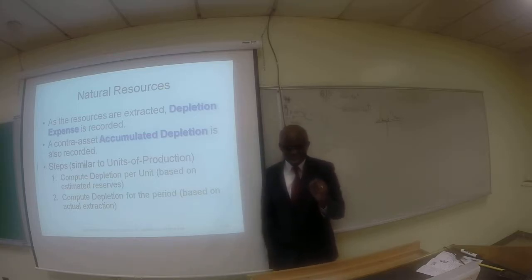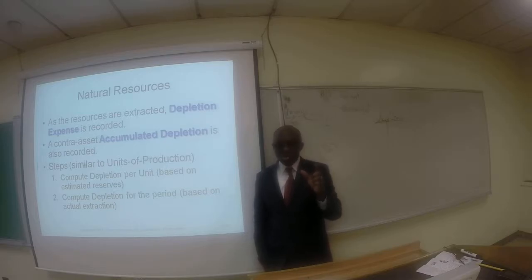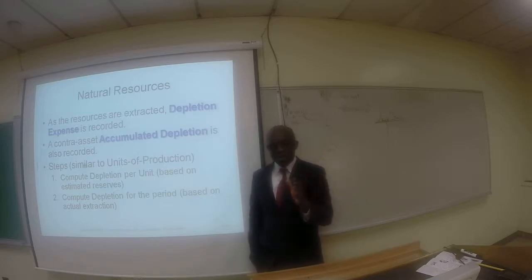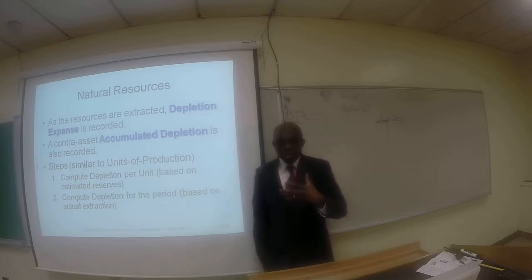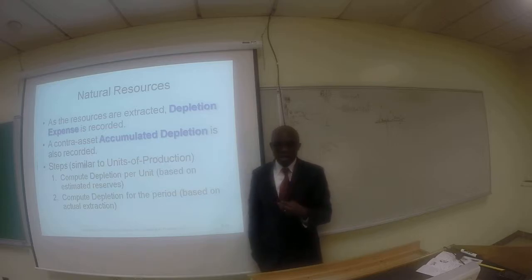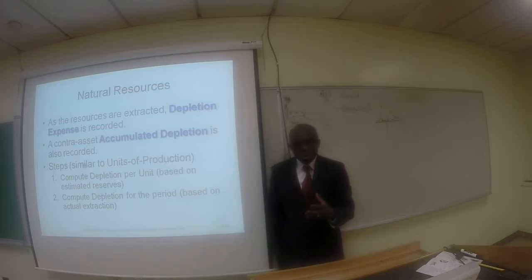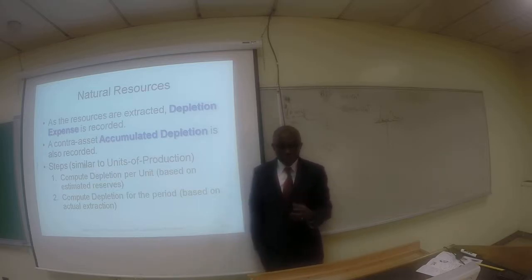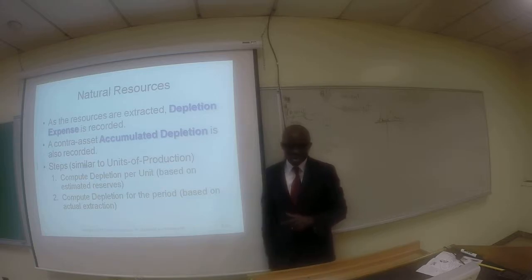Now, the depreciation concept is very similar to depletion. Here we are also allocating the cost of the natural resources over a period of time, or based upon how much of the resources are extracted. So we just use another fancy word for the allocation of the cost, and we call it depletion expense for natural resources.